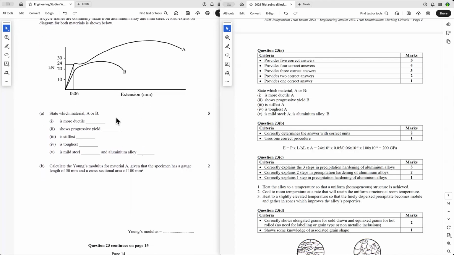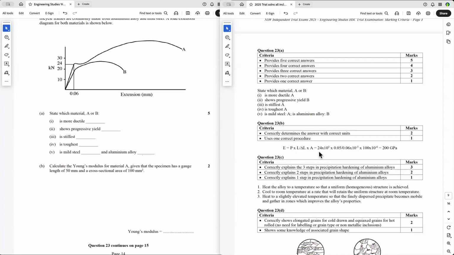Next question, calculate the Young's modulus for material A, given that the specimen has a gauge length of 50 millimeters and a cross-sectional area of 100. Now, this question has actually given you the extension for a particular load there. So Young's modulus is equal to PL over delta L times A, which is the Hooke's law formula transposed.